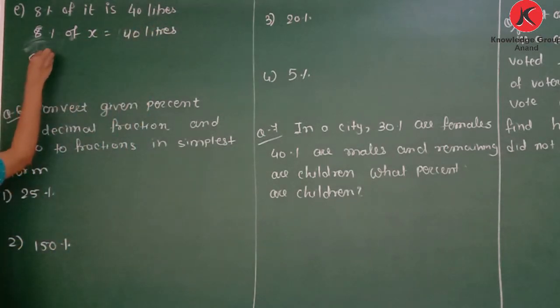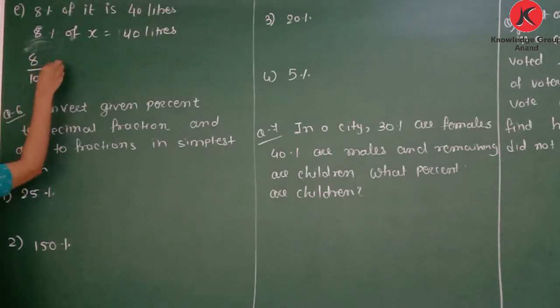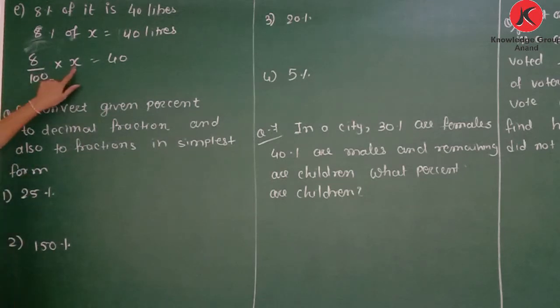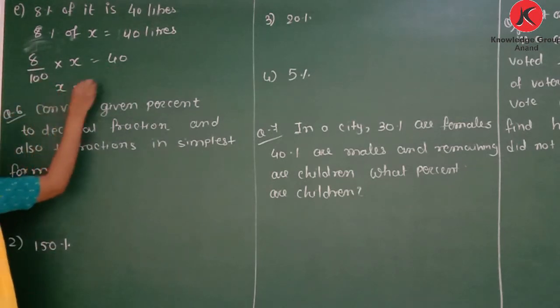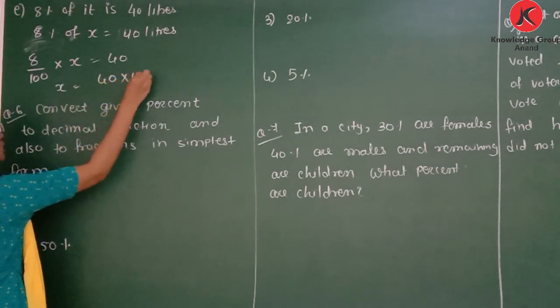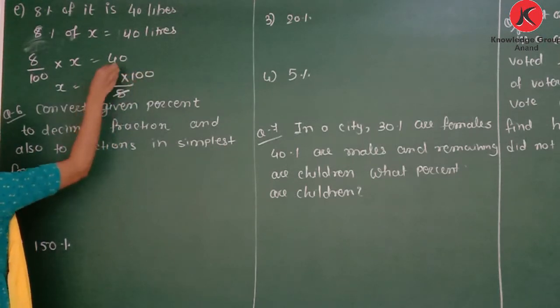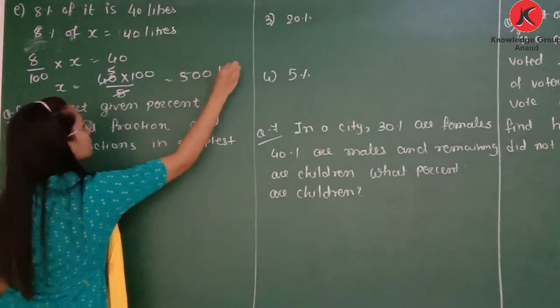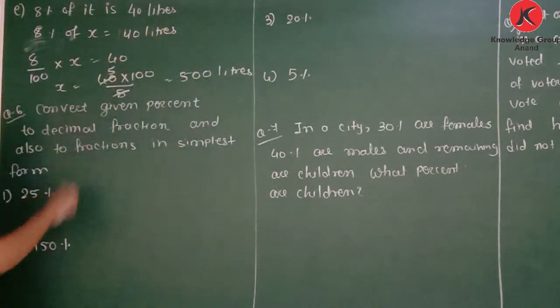Now 8 divided by 100 multiplied by x is equal to 40. Here we need to find x, so take 100 in multiplication and 8 in division. So 40 multiplied by 100 divided by 8. 8 fives are 40, so it is 500 liters. 8% of 500 liters will give 40 liters.